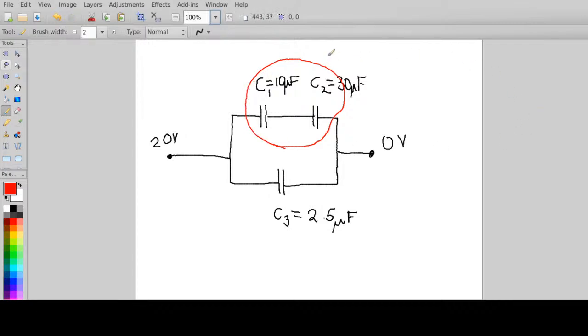Okay, so we're going to take those two and replace them with one capacitor. We'll call it C12. The index there, C12, refers to the fact that it's the reduced capacitor for both C1 and C2. So how do you do that?